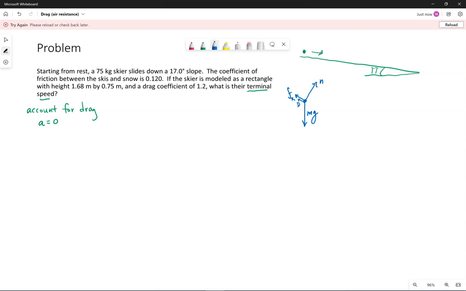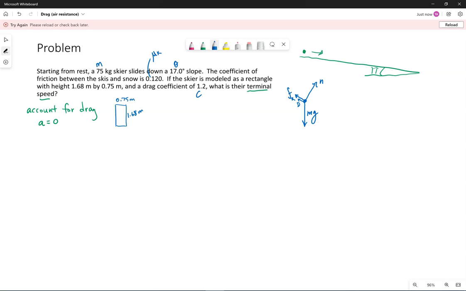We know the angle of the slope, we know the mass. So the mass is 75 kilograms, the angle 17 degrees. This 0.12 would represent our coefficient of kinetic friction. We're saying if this skier is skiing at us, we're seeing the skier with a width of 0.75 and a height of 1.68, the drag coefficient of 1.2.